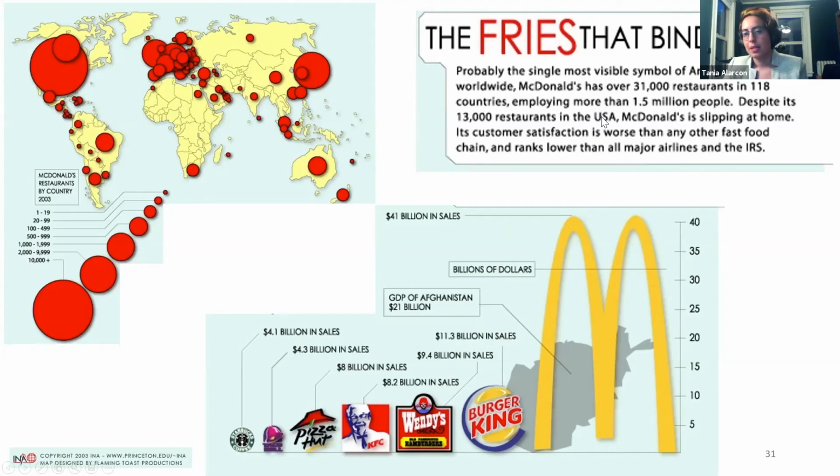So then how does the text relate to that? But then you also have the GDP of Afghanistan in the middle of this. Like, why is Afghanistan being brought into this mixture? Maybe you'd look at this and you're like, okay, the colors, the red and the yellow, that brings us to McDonald's, that gives us fast food, but then there's a lot of different elements that don't make sense.